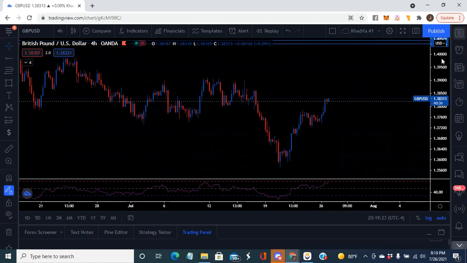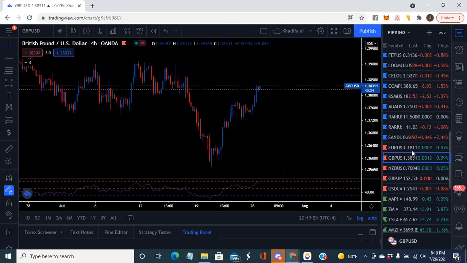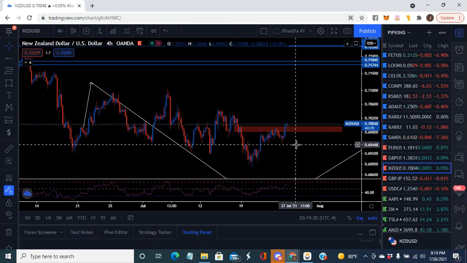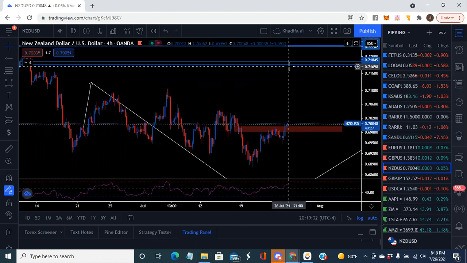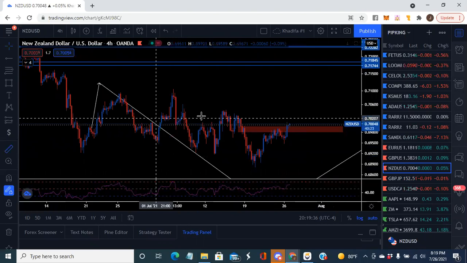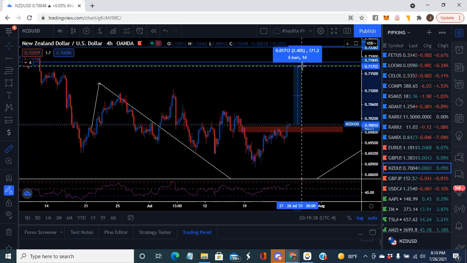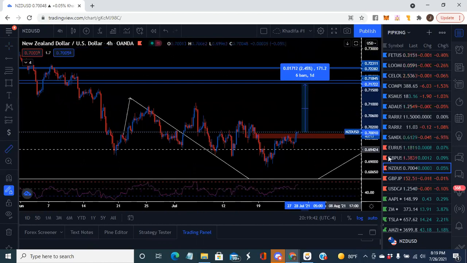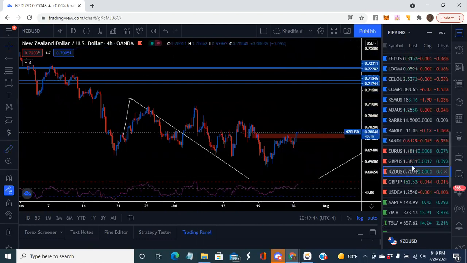So let's see how we start this week out with time and price. Same thing with NZD USD. Dollar keeps pumping down, we keep pumping up. 170 something pips potentially out of NZD USD for the week.